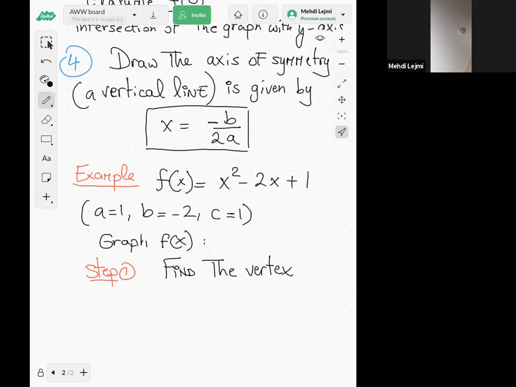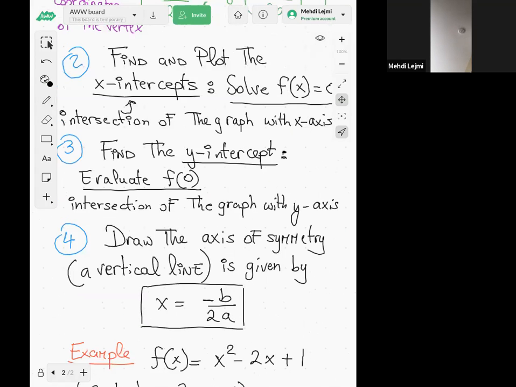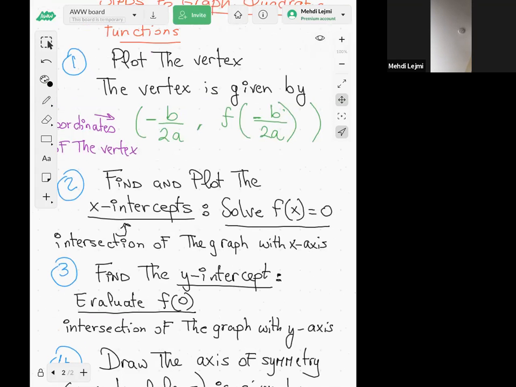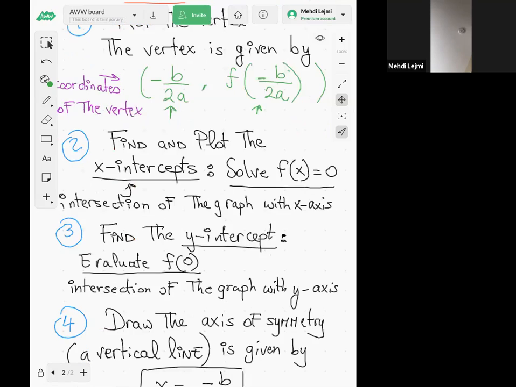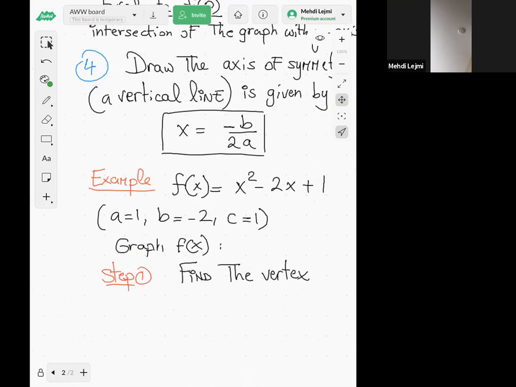What's the formula for the vertex? The formula is, again, the following. The x coordinate is minus b over 2a, and this is your y coordinate.